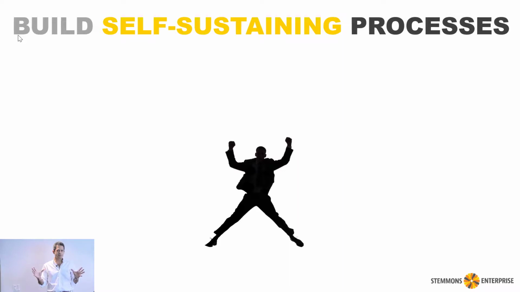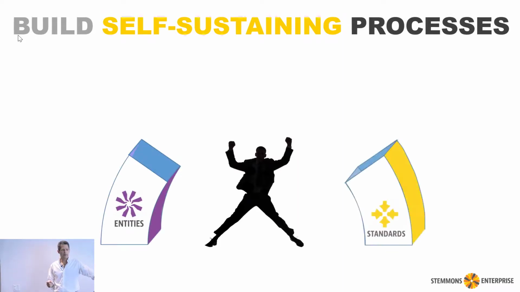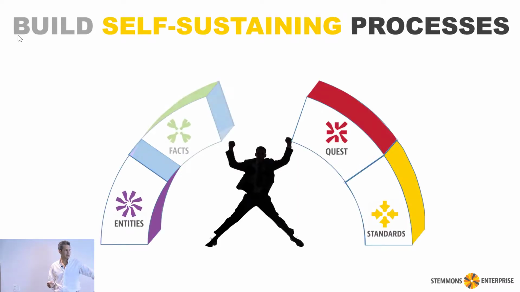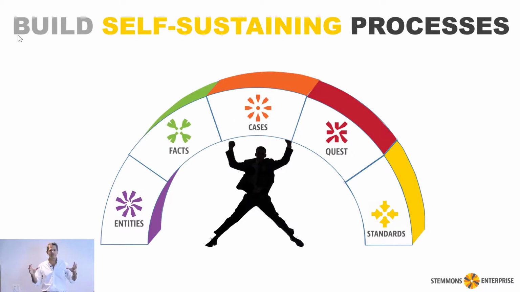So that support structure could be you in an organization. If you're building a process, you're the one that's holding it up, and we're configuring it in Stemmons. Okay, we're building out all the pieces, and eventually we get to a point where we have a self-sustaining infrastructure, a self-sustaining process that will continue on its own.